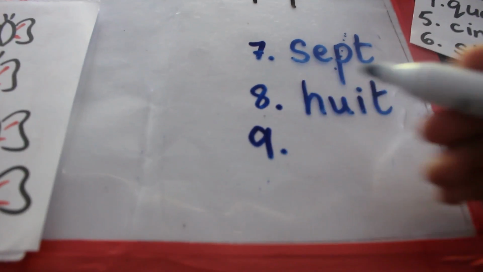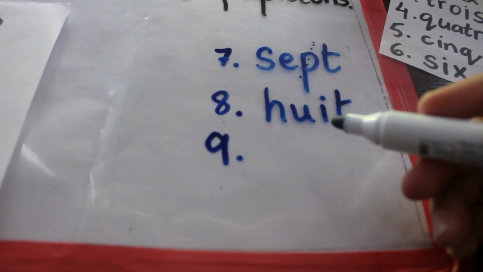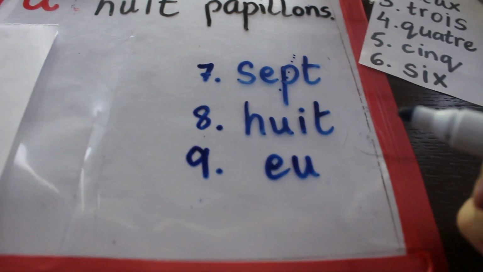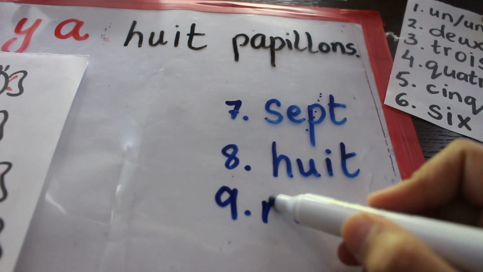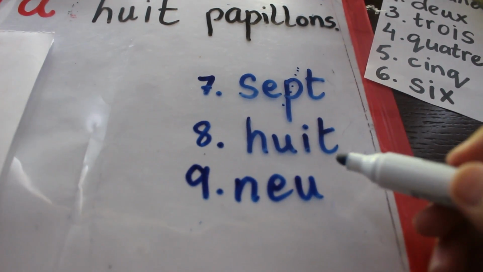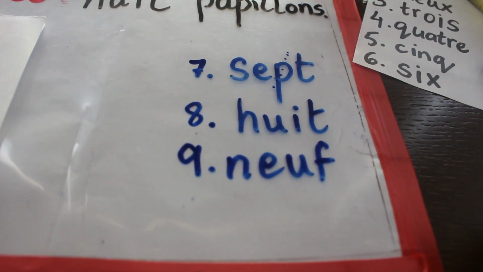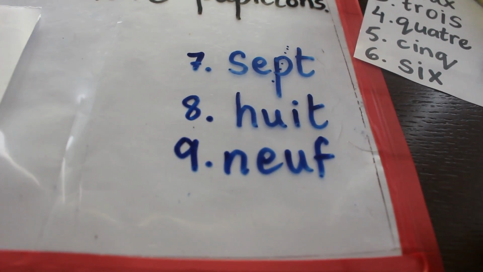Number 9, remember the EU sound? We also did it in fleur. And when I add an N to it, it becomes N. And when I add an F to it, it becomes nuff. Nuff, that's 9.